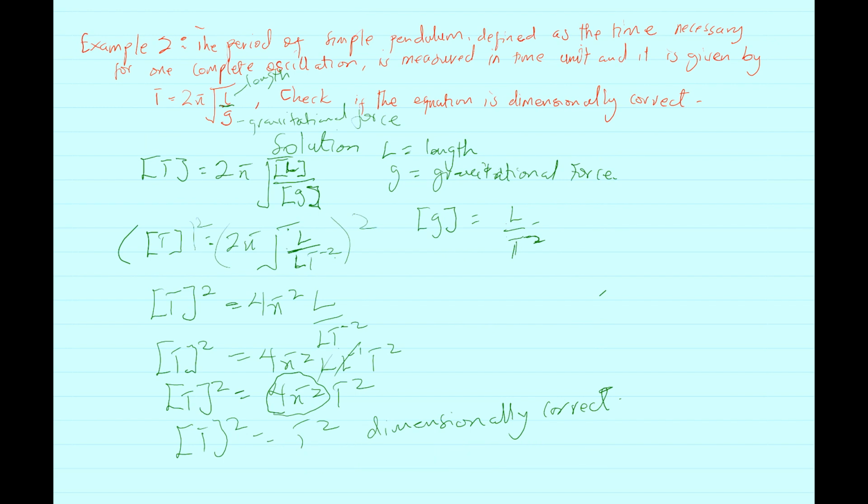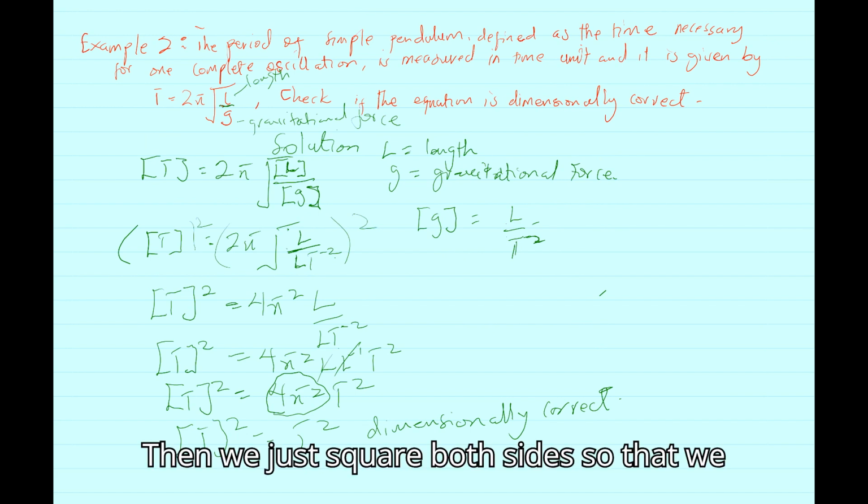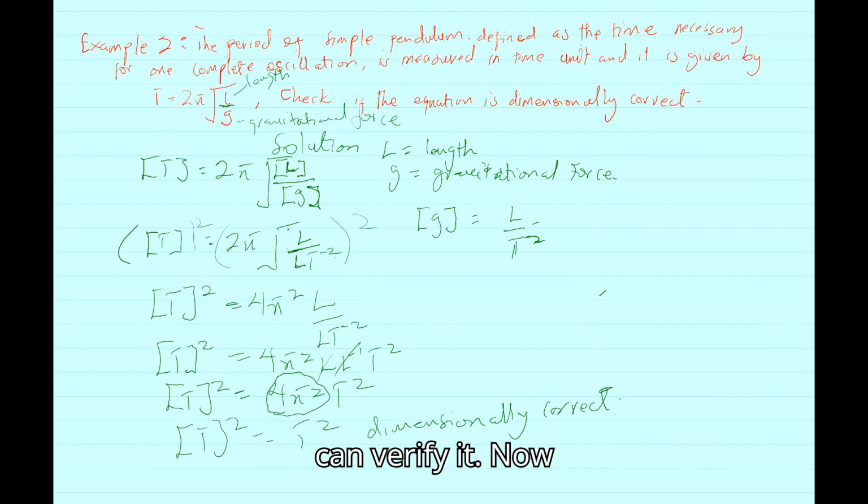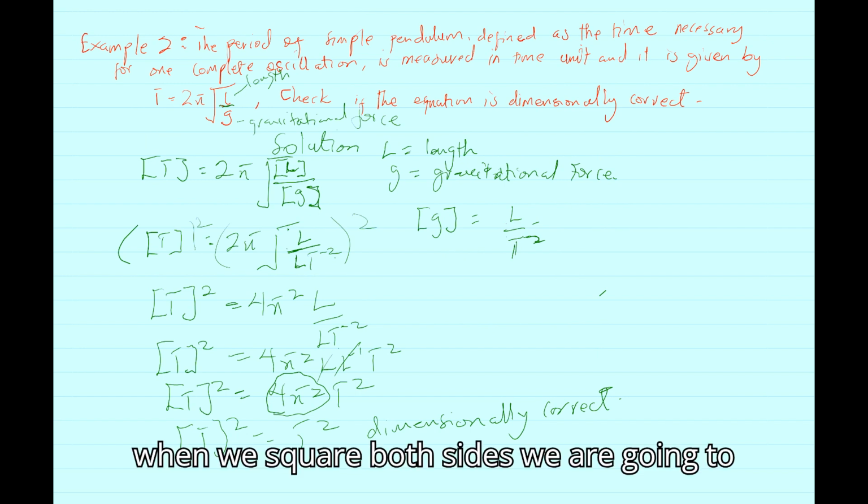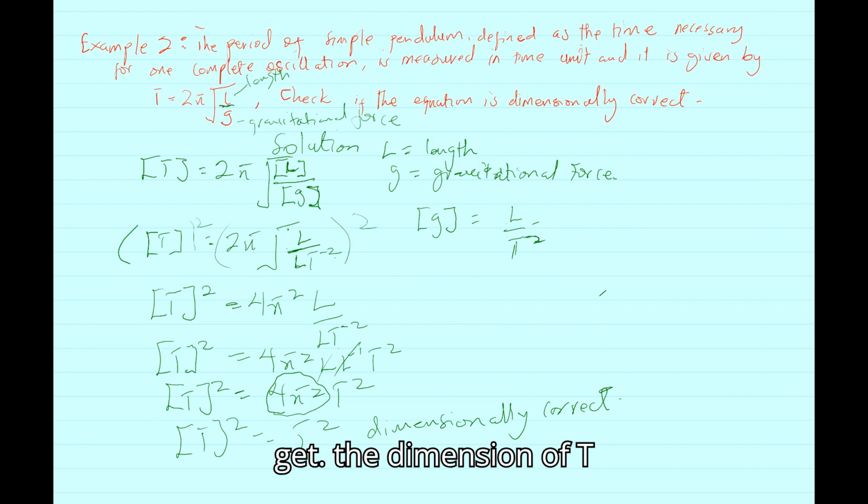Then we just square both sides so that we can verify it. When we square both sides, we get the dimension of T squared is equal to 4 pi squared L over L T minus 2.